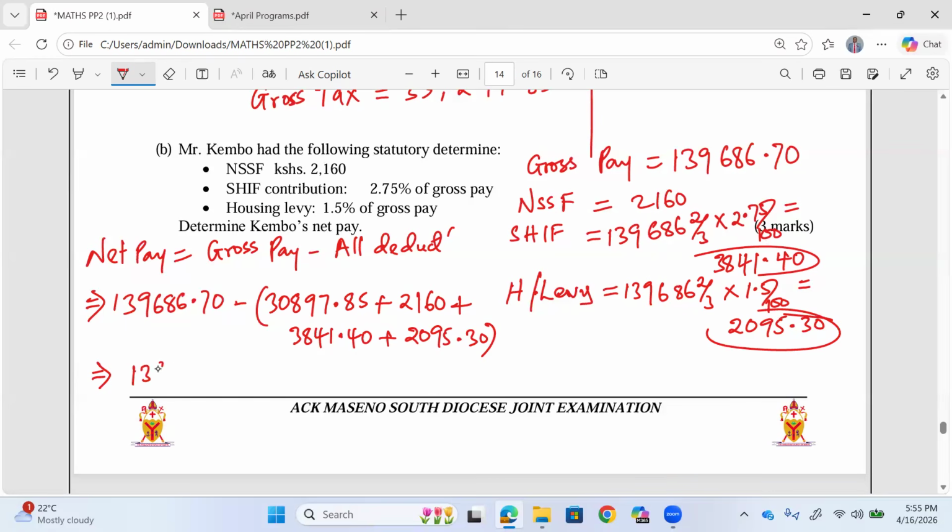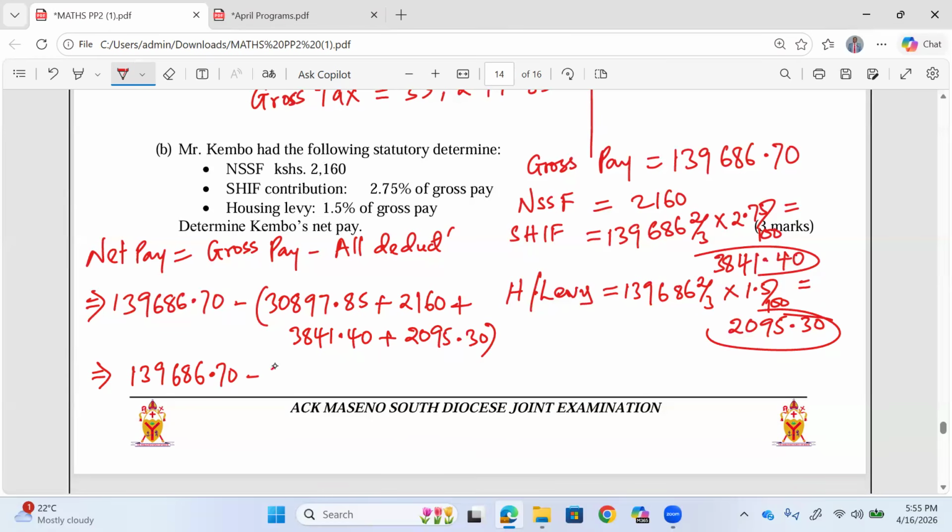So 139,686.70 minus the addition of all these deductions: 30,897.85, 2160, 3841.4 plus 2095.3.